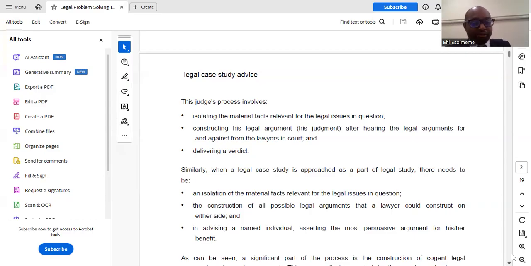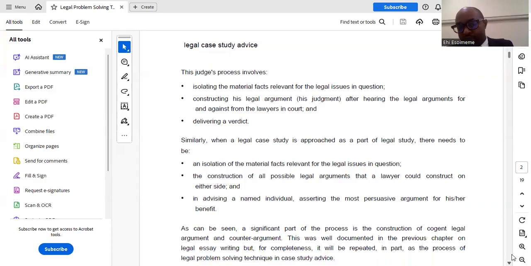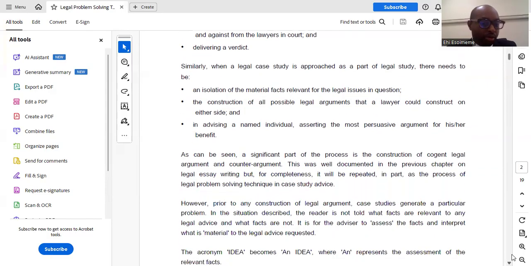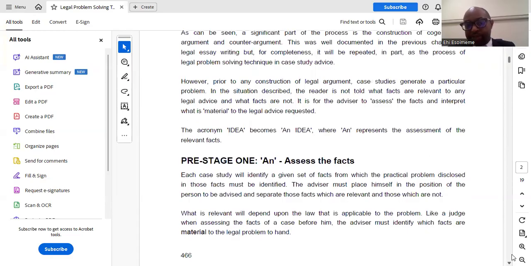So for you to give the legal advice, you must first of all isolate those material facts and then construct possible legal arguments from either side, and then advise that individual, asserting the most persuasive argument for his or her benefit.